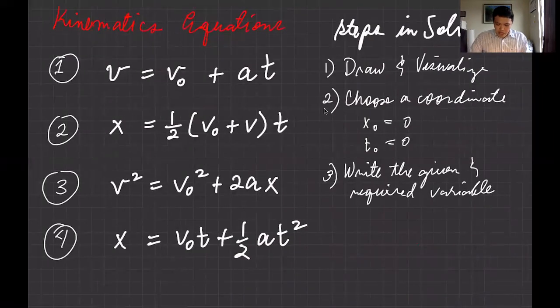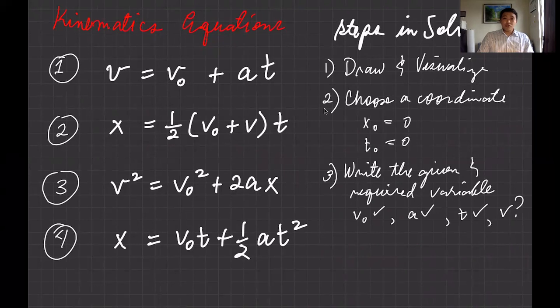So for example, what if initial velocity is given, acceleration given, t given, and what is required is the final velocity. You can choose from your equations. This one has initial velocity, yes. This is acceleration, correct. This is time. And this is required. So what you're going to use is equation number one, right?